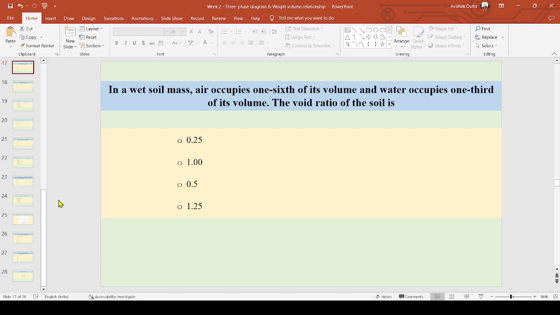I'll repeat the question a bit. In a wet soil mass, air occupies 1/6 of its volume, that means the entire soil volume, and water occupies 1/3 of its volume. So 1/6 is occupied by air and 1/3 is occupied by water. Then what is the void ratio of the soil?